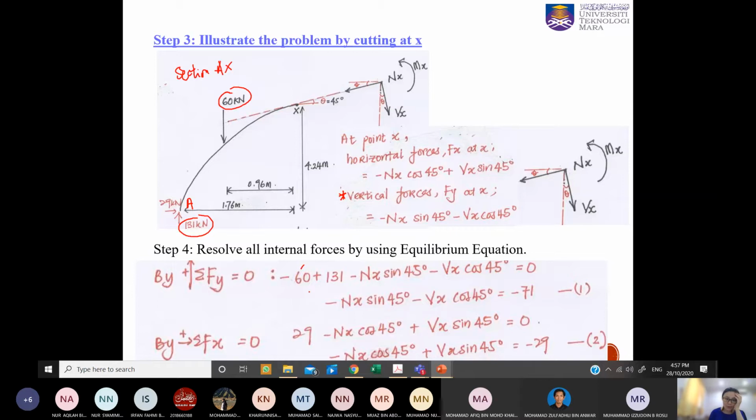Negative 60 because downward, plus 131 because upward, and also this vertical force at X. Now I can set it equal to 0 and establish my first equation.